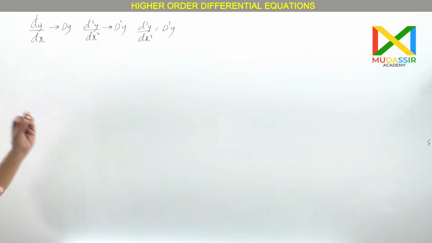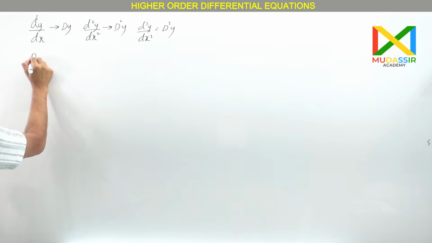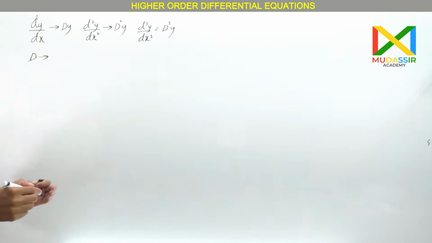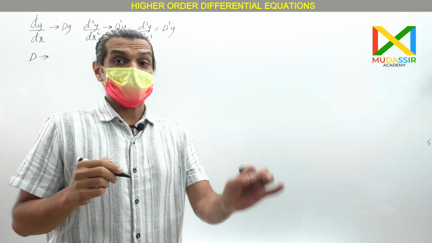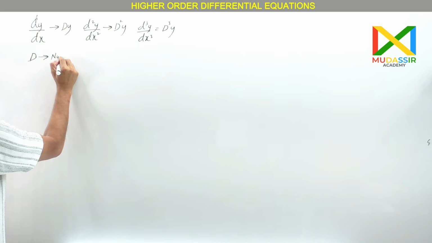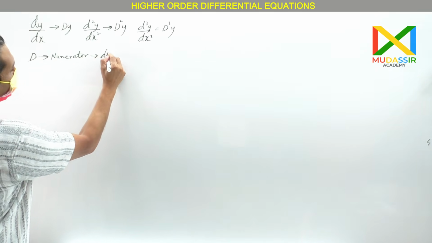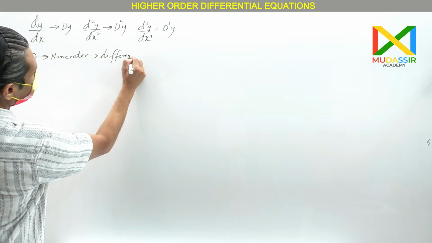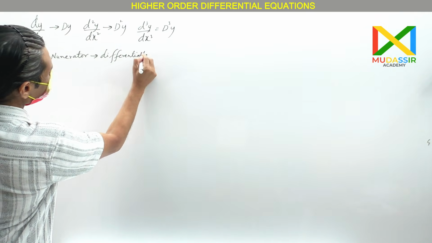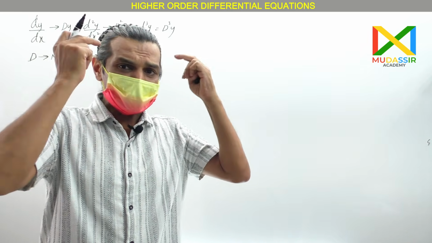And one more very simple thing here is, if D comes in the numerator, D means d by dx, differentiation with respect to x. I am making it very clear for you so that even if you lack in the basics, it will easily enter your head.